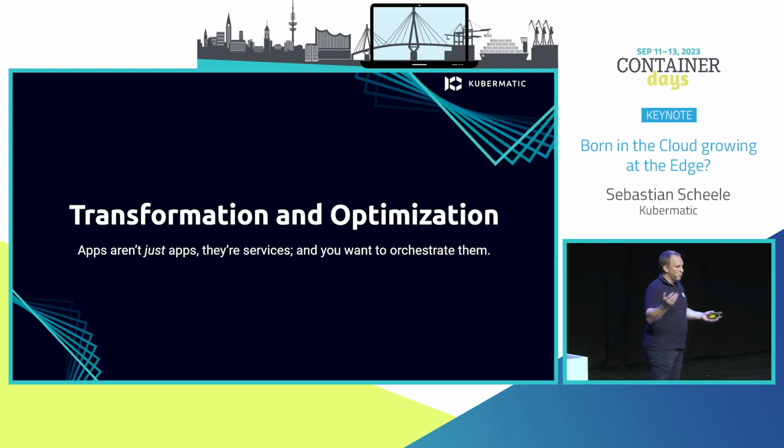Multiple systems are now talking together, and only if all of this works together and we can orchestrate and manage them in a similar way can we ensure a system that we can operate in a highly efficient but also mission critical way.